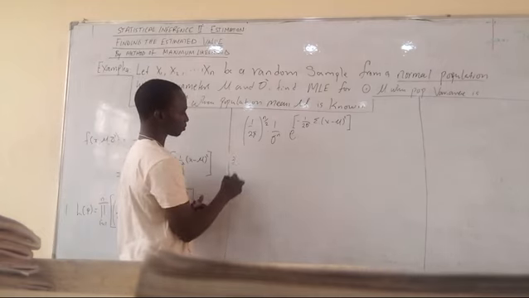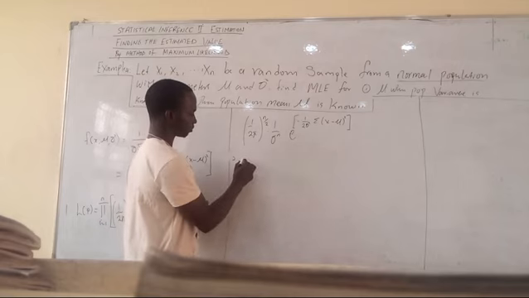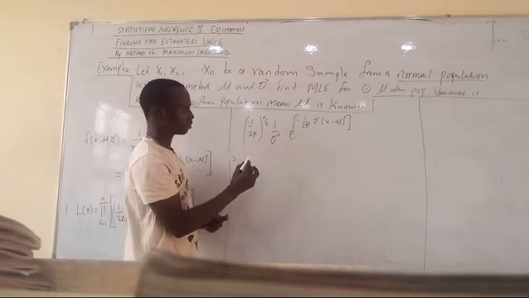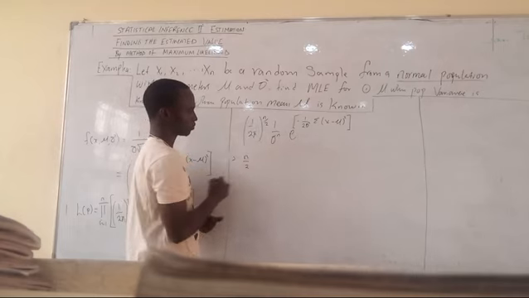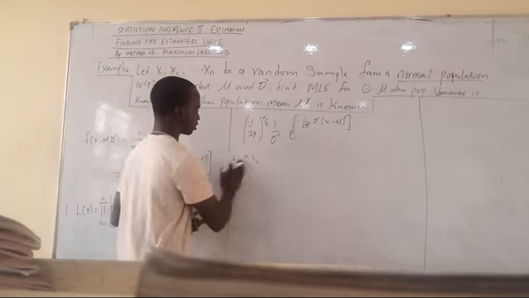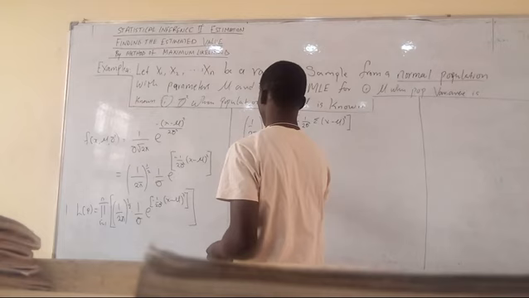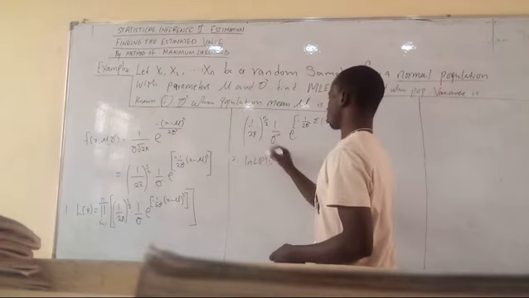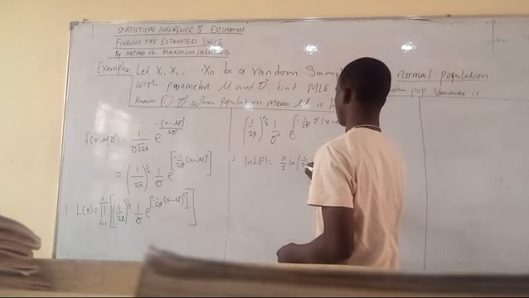Step 2. Take the log. Now take the log of this one here. So now let's take the log. ln L of theta is equal to n by 2 ln of 1 over 2 pi.